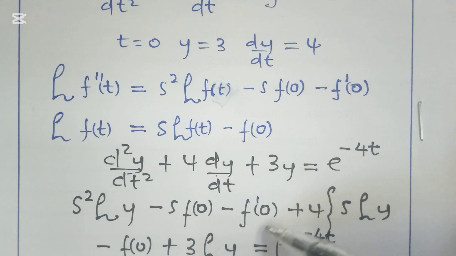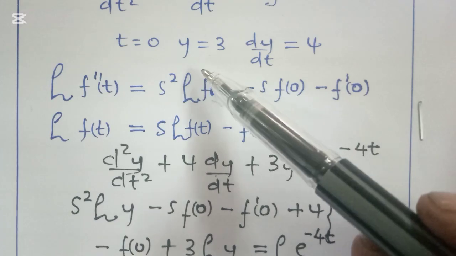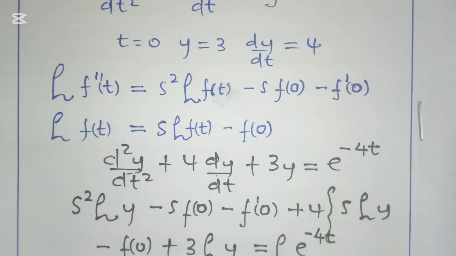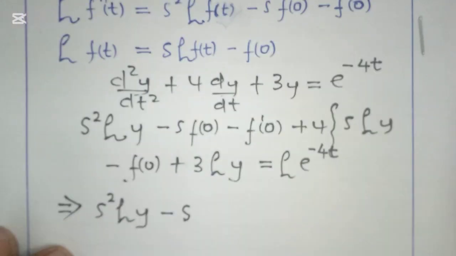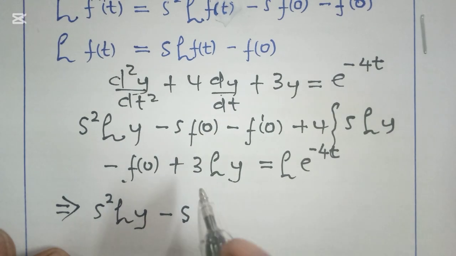This one is supposed to be for the first derivative. So for y, this is going to be 3. And so therefore, guys, I'm going to put 3 in the place of f(0) for the first condition. So I'll put 3 there.